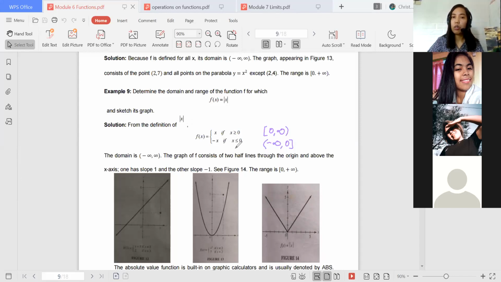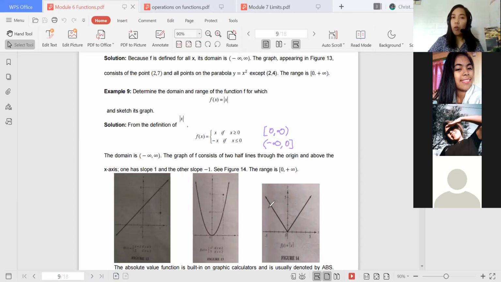And it's closed, kasi closed pareho. Ito naman yan, yung nasa left side. When we get the domain of this part, 0 to positive infinity. For the second one, the domain is still negative infinity up to 0.